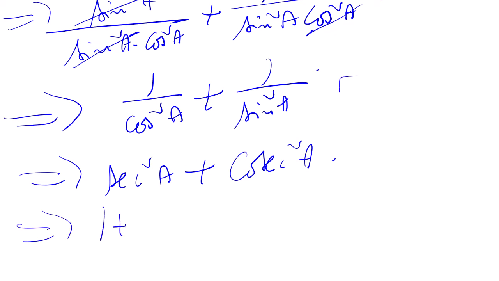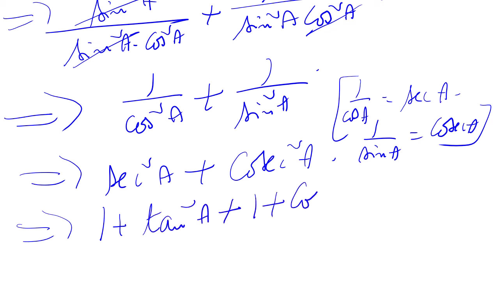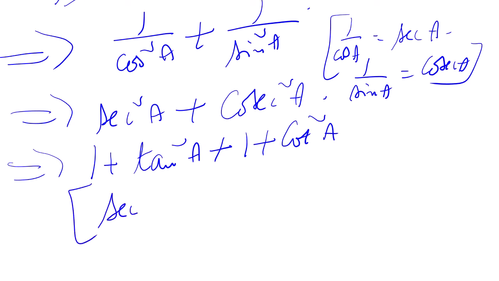Here what we have used? We have used 1 upon cos A is sec A and 1 upon sin A is cosec A. Now this sec square A can be written as 1 plus tan square A and cosec square A can be written as 1 plus cot square A. So here we have used two identities.